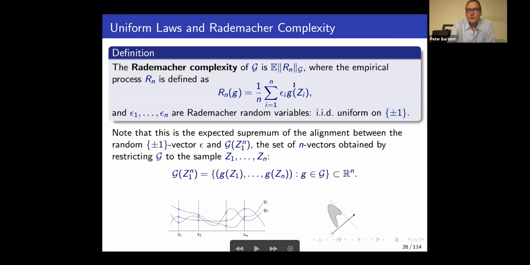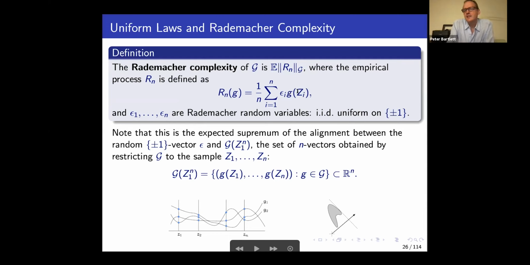So when we then take the expectation of the biggest absolute value of this thing across the class, what are we doing? We're looking for functions that, when we evaluate them on these zi's, are aligned with the random plus or minus ones. So here's another way of thinking of that.